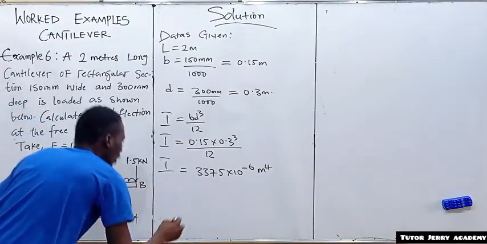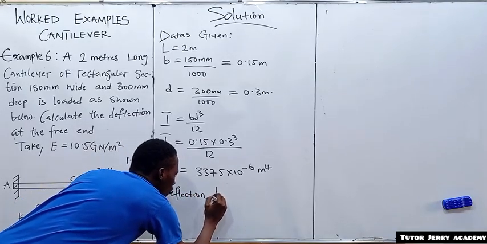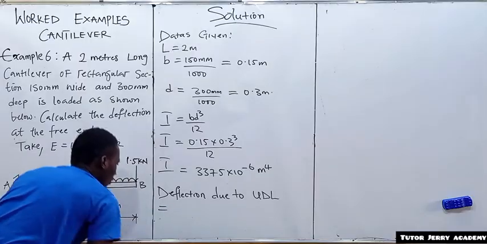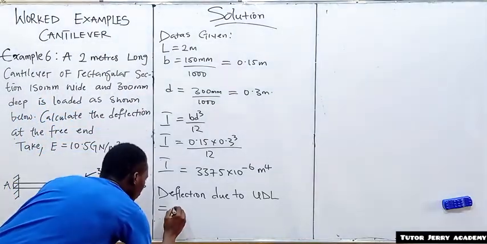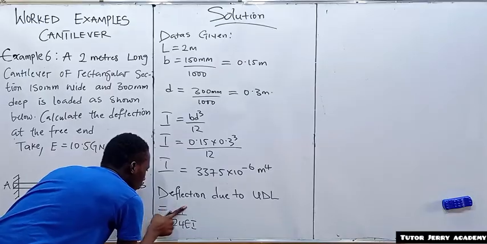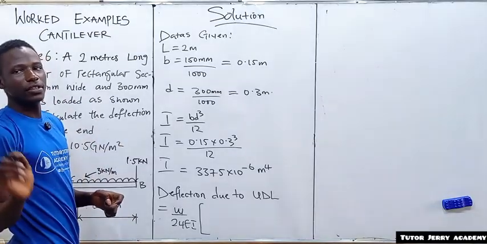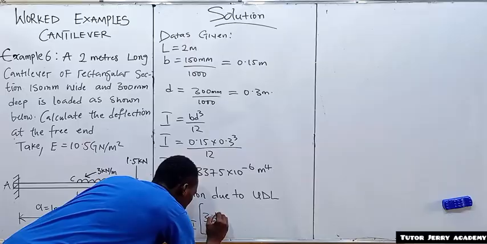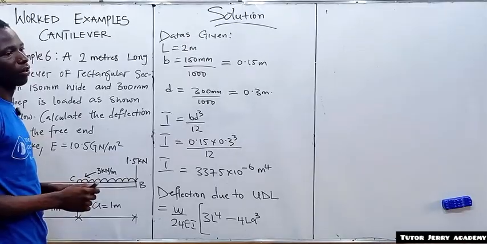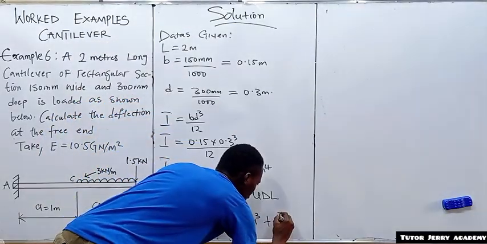All right. So deflection due to UDL will be equals to what we said, small letter W all over 24 EI into the bracket of 3L to the power of 4 minus 4LA to the power of 3 plus A to the power of 3.